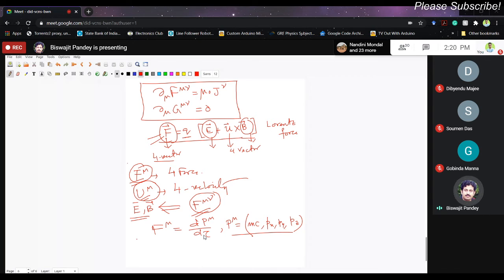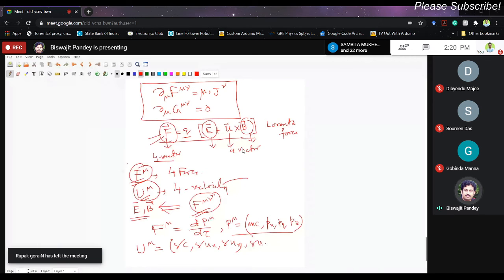And what about the 4-velocity? U mu was gamma c, gamma ux, gamma uy, and gamma uz. I can take gamma outside, so this is gamma times (c, u).